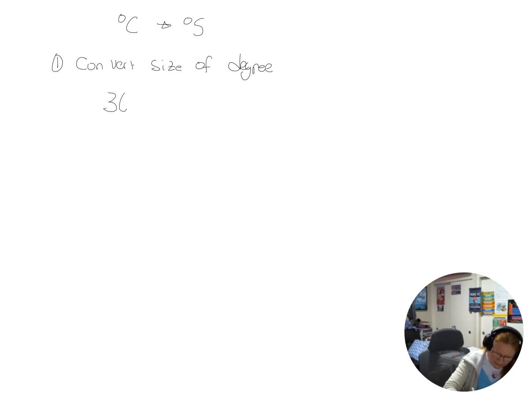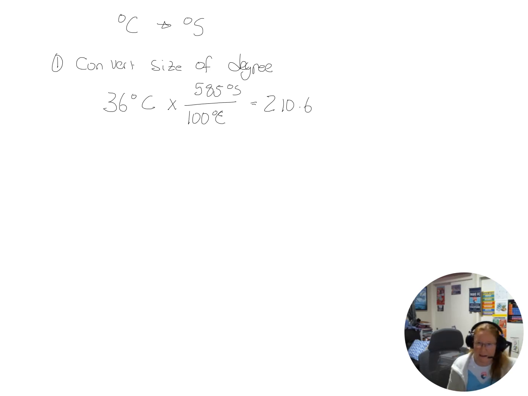So 36 degrees Celsius times 585 degrees Stark per every 100 degrees Celsius gives me 210.6. Okay, 36 degrees Celsius, is that above or below the freezing point? It's above, so we get 210.6 degrees Stark above our freezing point.